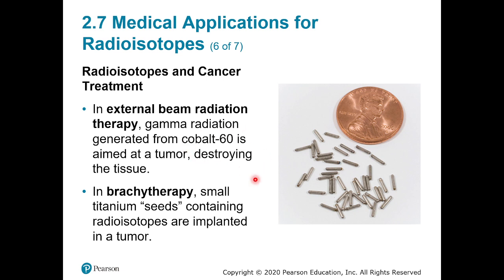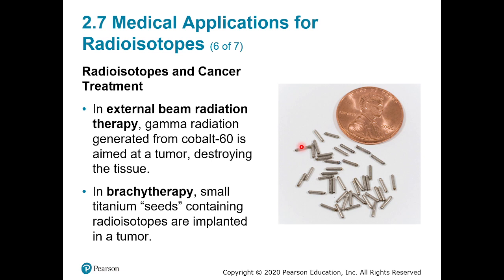So in brachytherapy, small titanium seeds containing radioisotopes are actually implanted in the tumor. You literally have a radioisotope encased in metal, and you guide it to the tumor you want to get rid of, and thunk, nail it in there. If you want to do multiple tumors, you'd have to nail those into the tumors.